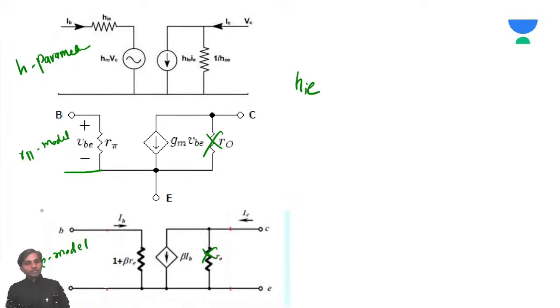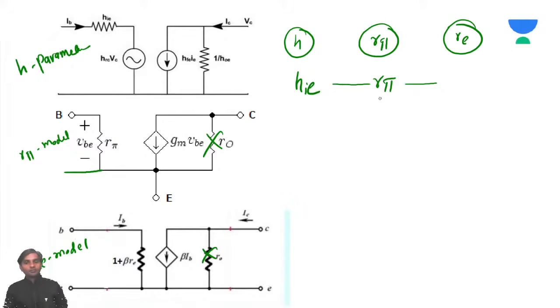So what is the input resistance for the RPi model? Is that not RPi simply? It will be RPi. So this is for the H parameter model, and this is going to be the RPi model. And what is the corresponding RE model? The input resistance is the same.